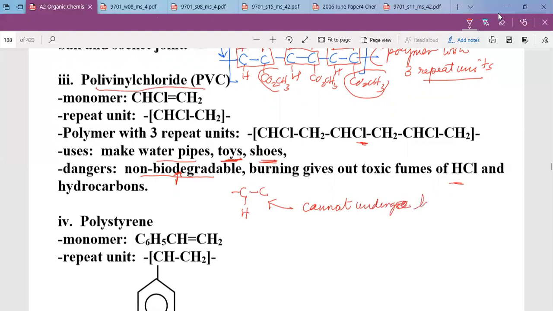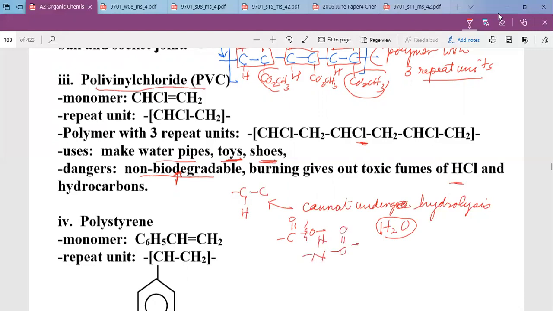Why hydrolysis? Because in nature there's water, water vapor from the rain. So water can be a reagent to break the ester linkage, to break this one here, and to break the amide linkage also.